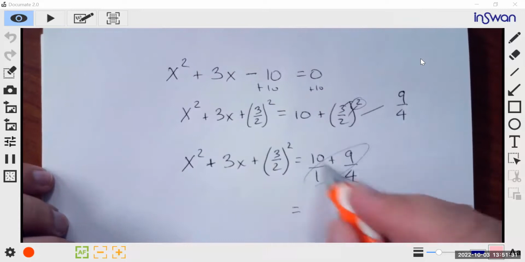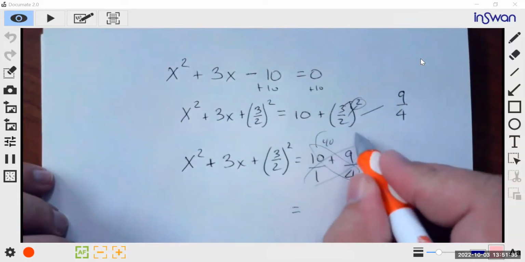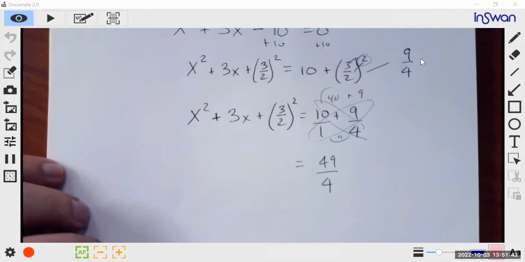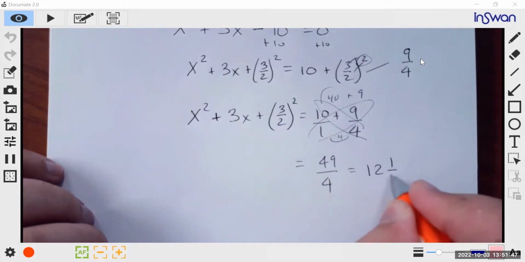We'll do this is 40 plus 9 over 4. So it's 49 over 4, which is 12 and 1/4.